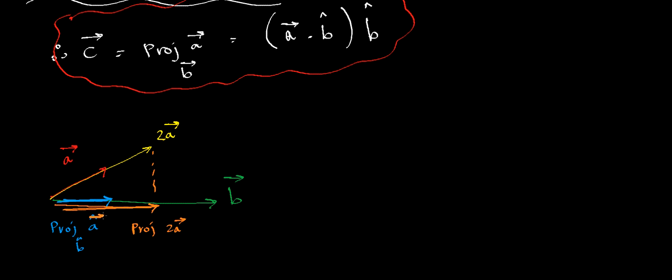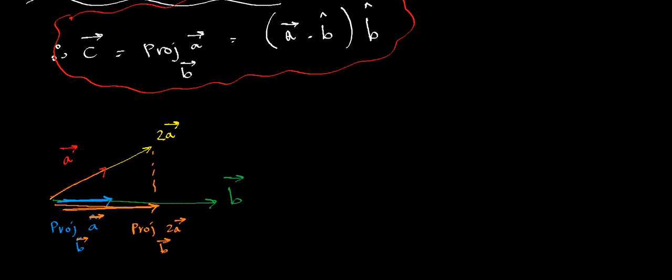So if we increase the magnitude of A, we're also increasing the magnitude of the projection. And this makes sense in this equation, because if we scale A by 2, then we have to scale C by 2 as well. So changing the magnitude of A changes the magnitude of the projection.